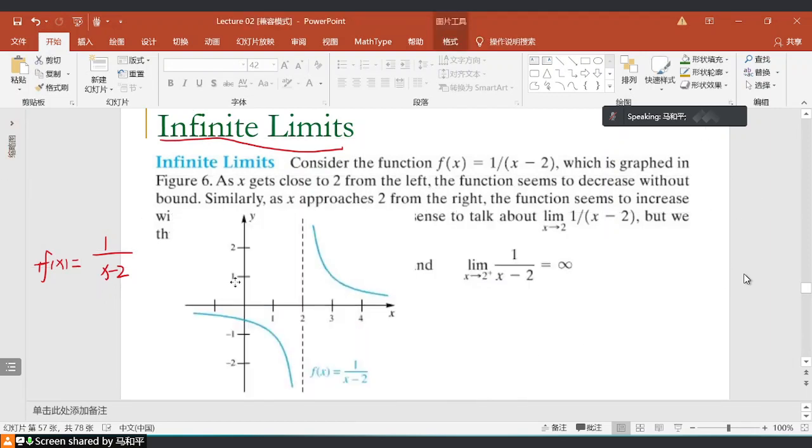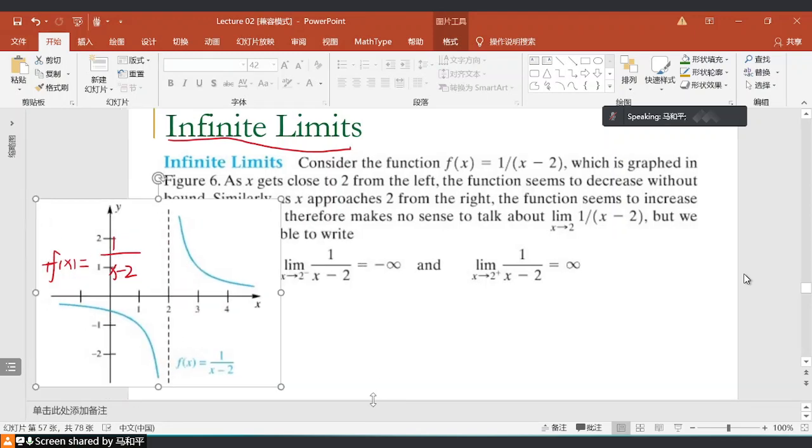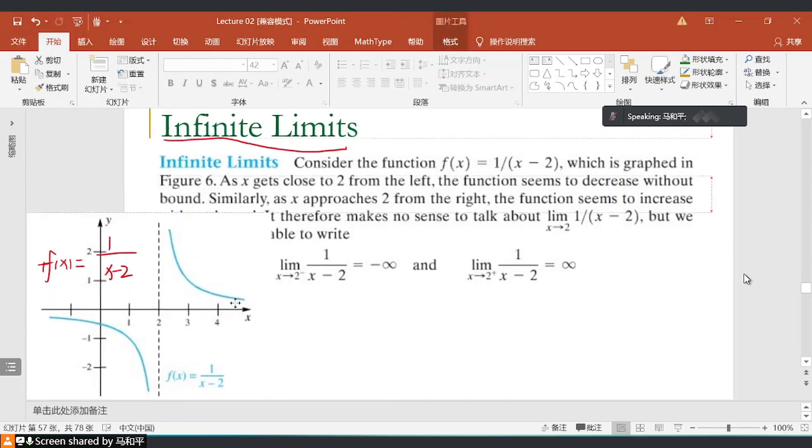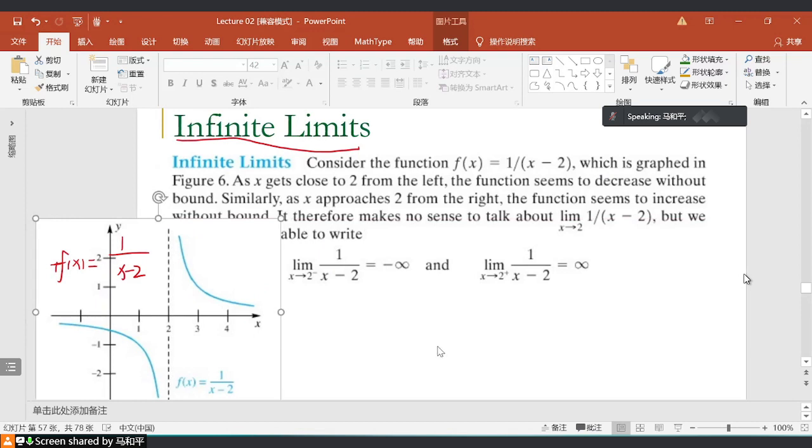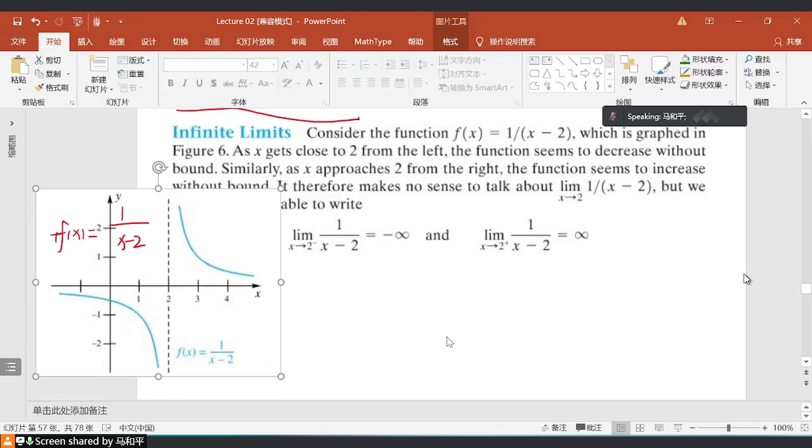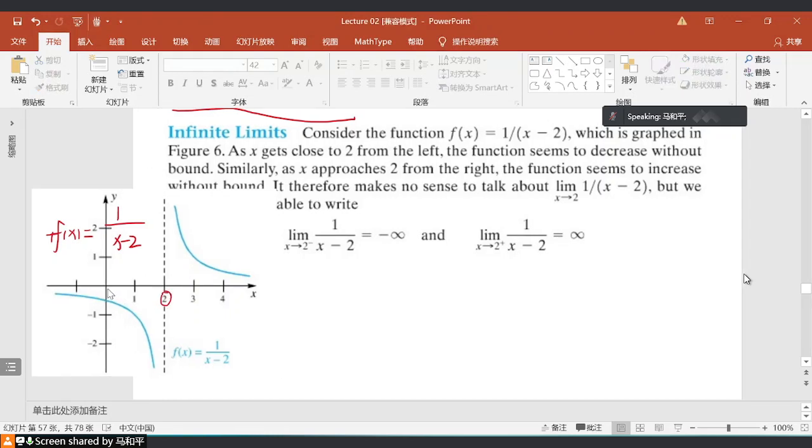See, there's figure 6, like this. We know as x gets close to 2 from the left, we find f(x) approaches what?